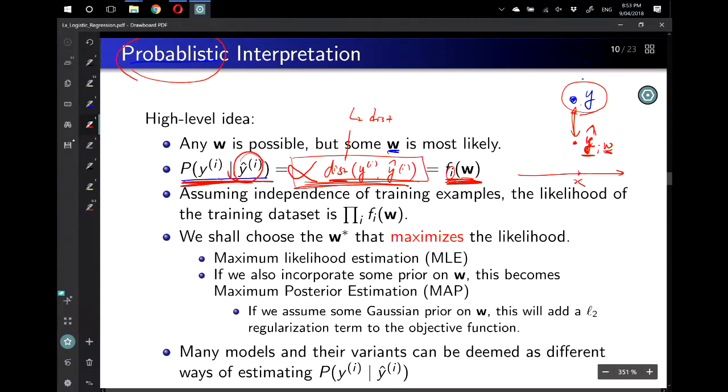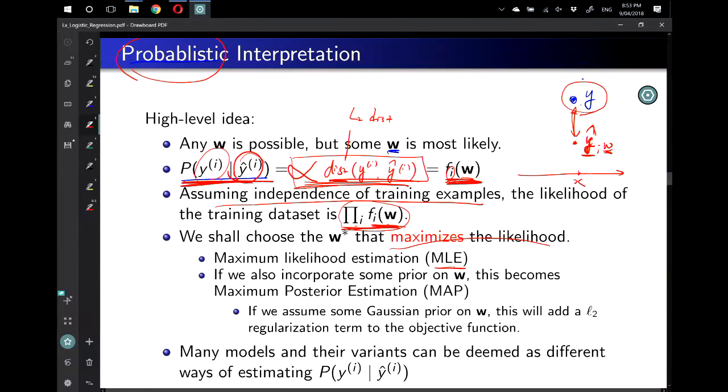If we make the IID assumption, the probability of seeing the whole data set is something like this, because you go through all the observations, varying i, and each one you get this term. Then this is the MLE, so we choose the W such that this whole function is maximized.